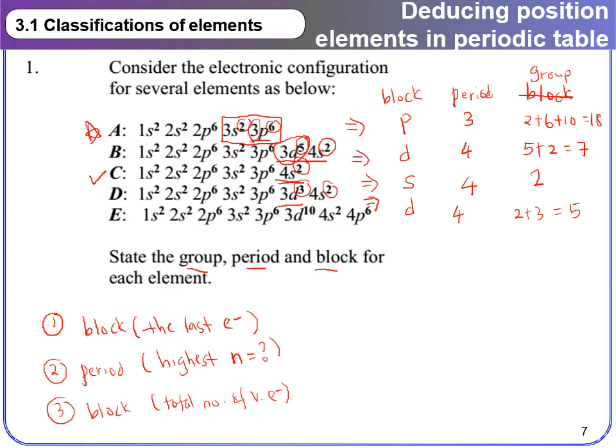Last is element E. The last electron is filled into the 4p orbital, so the highest energy level is 4. We total up the valence electrons, which is 2 plus 6. Because it is a p block element, again we need to add 10. So the total number of valence electrons is 18. It is in group 18.